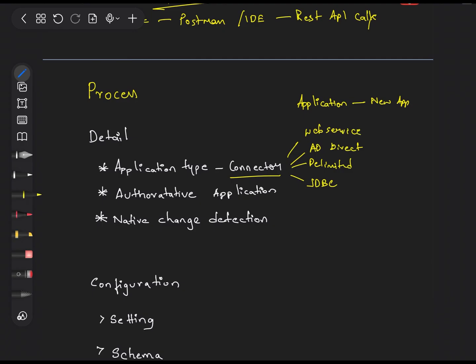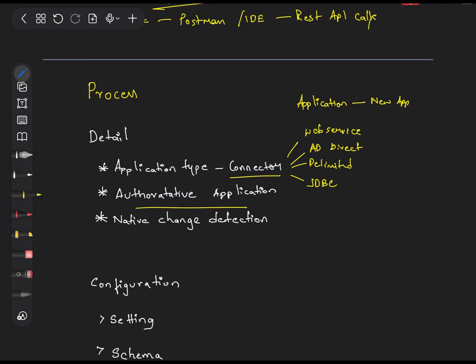Then based on the selection, IIQ will load the required tabs and options. Each connector has some extra things depending upon the application or connector you have selected, like the connection configuration. I will discuss what the connection configuration is later. Based on the selection, the required connection configuration will load, and you have to provide the details.